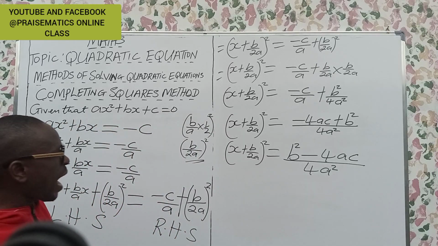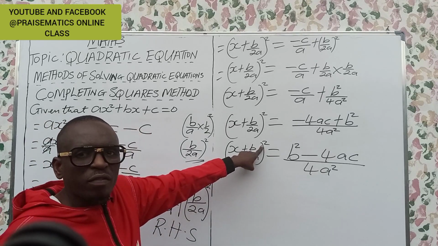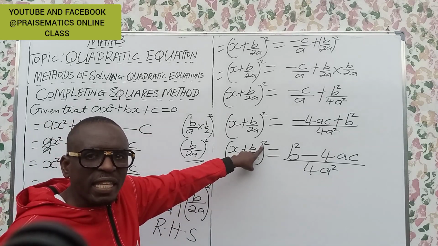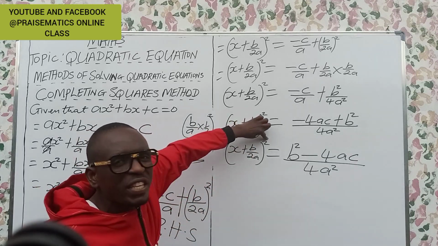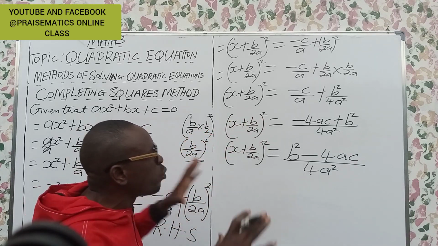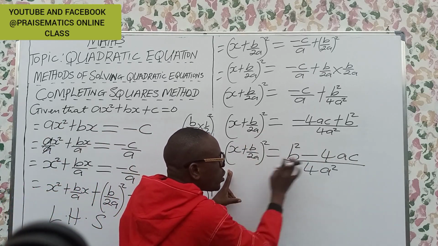Okay. Now, what do we do again? We need to remove this square of the left hand side. That is step 7. Step 7 says, in order to remove this square of the left hand side, we need to square root both sides of this equation.